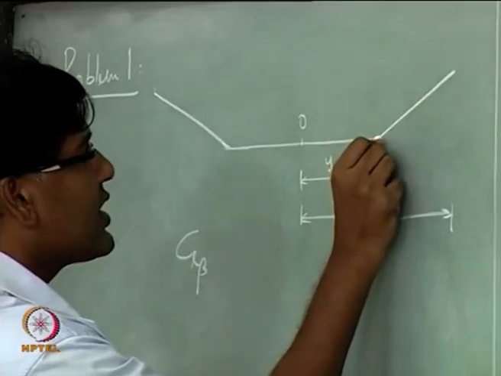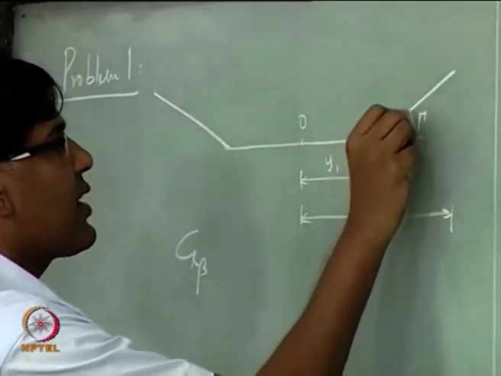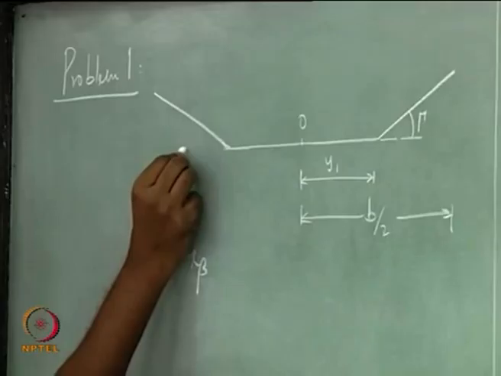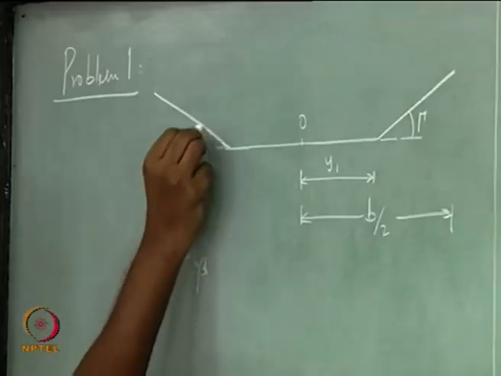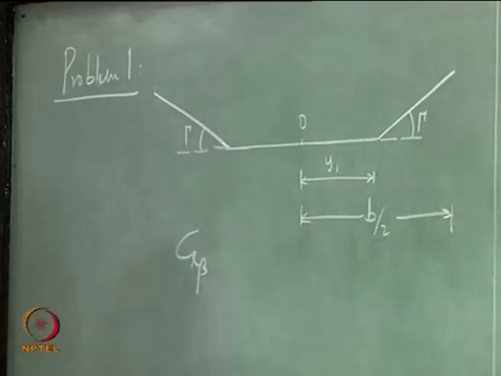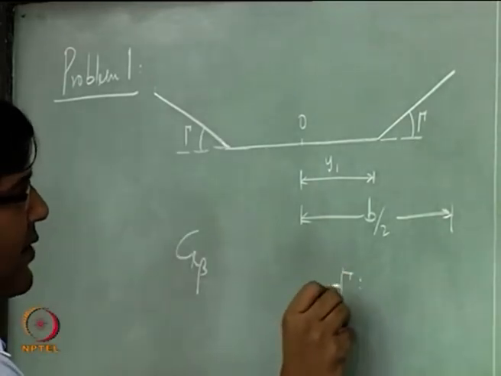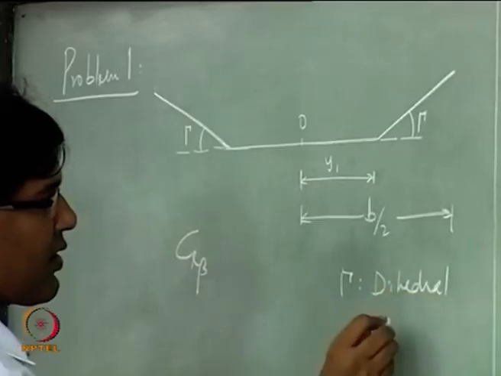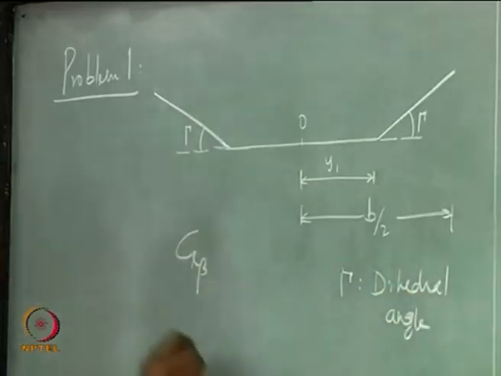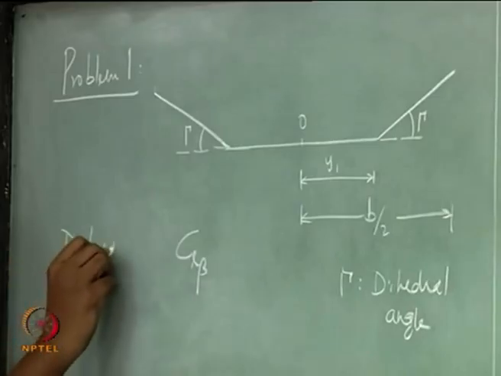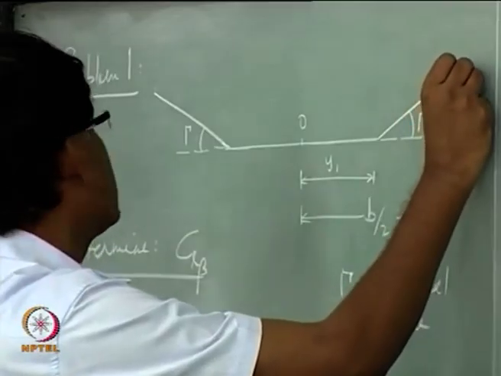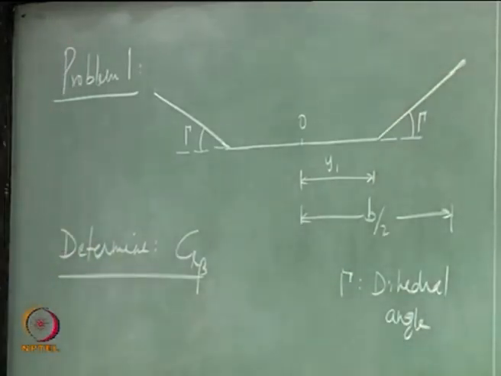So, you can assume that the dihedral angle is this, same on both sides. Can assume it to be symmetric.